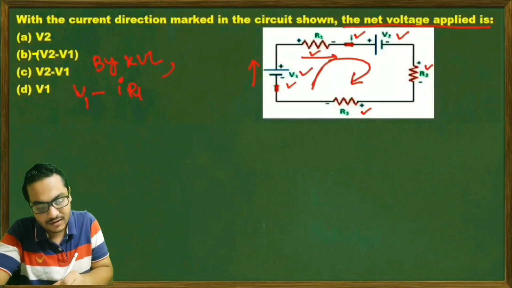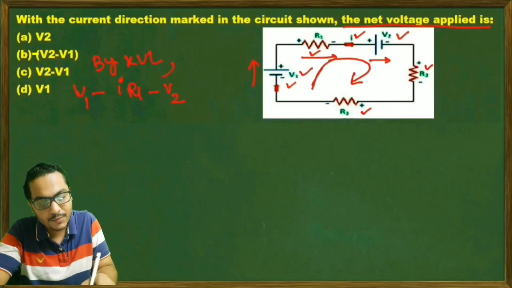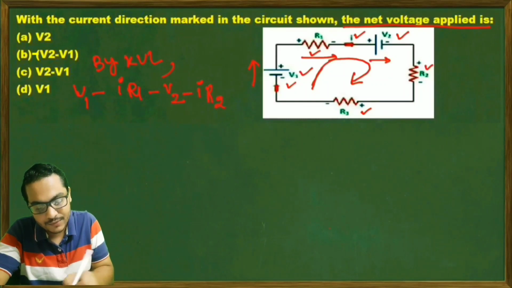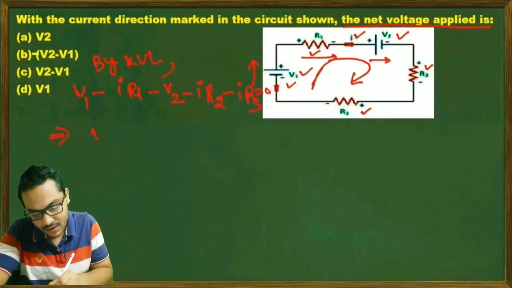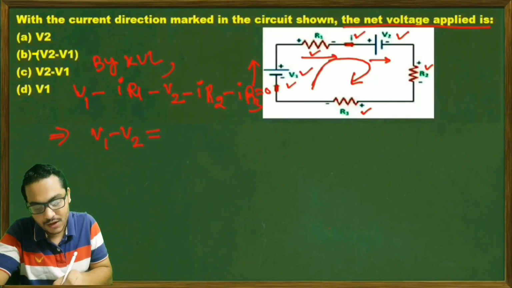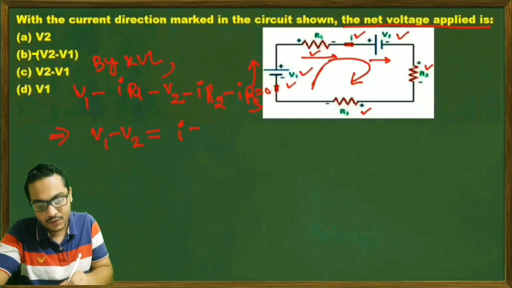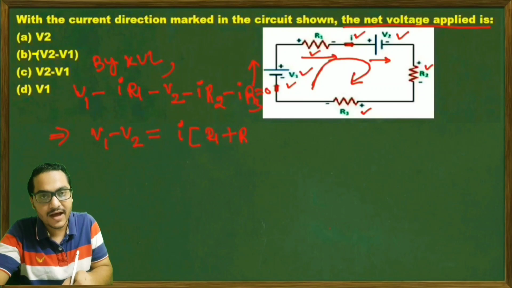Similarly, here minus V2, higher potential to lower potential. Now for R2, it is minus I into R2. Now for R3, similarly minus I into R3 equal to 0. So now V1 minus V2 equal to I whole into R1 plus R2 plus R3.